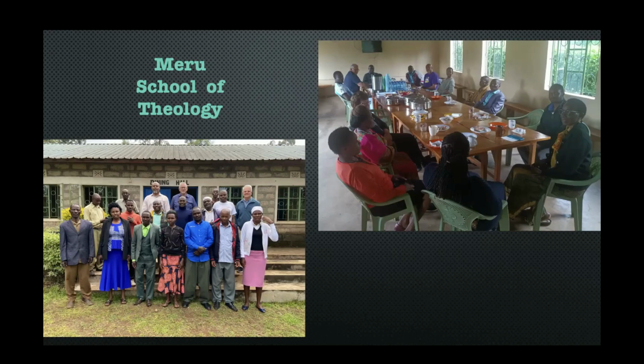And then in the front of this picture to the left, there's a woman wearing, I don't know how to describe this color, maybe fuchsia or something like that, and she's got brown and black hair. That woman is named McKenna, and she is a very influential woman amongst the women in the Meru area. So Meru is a city.